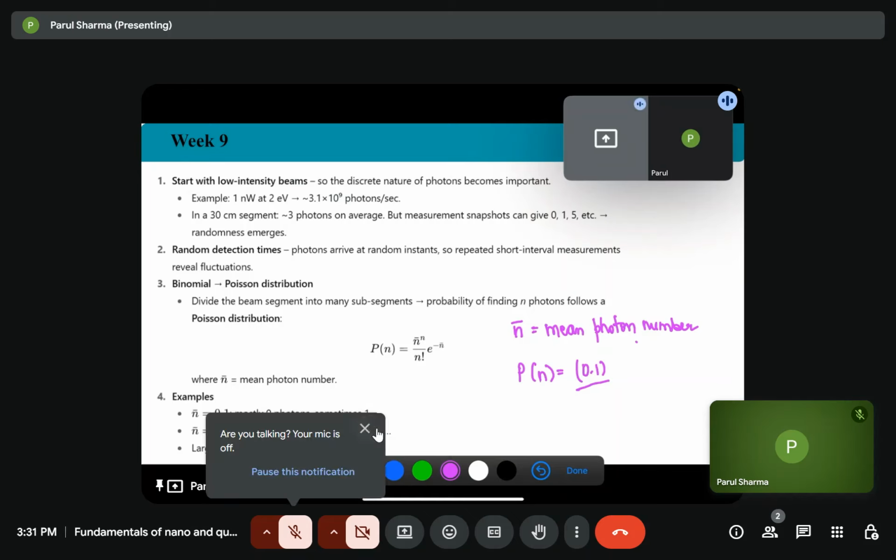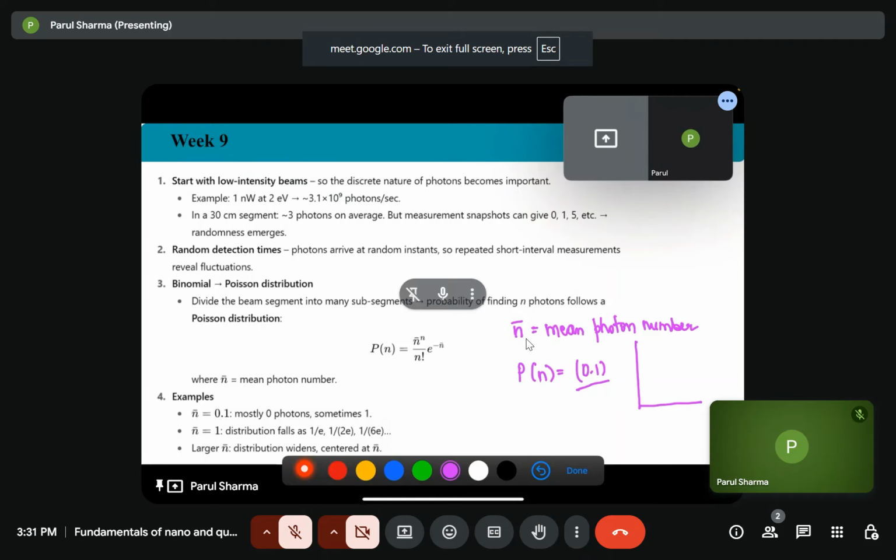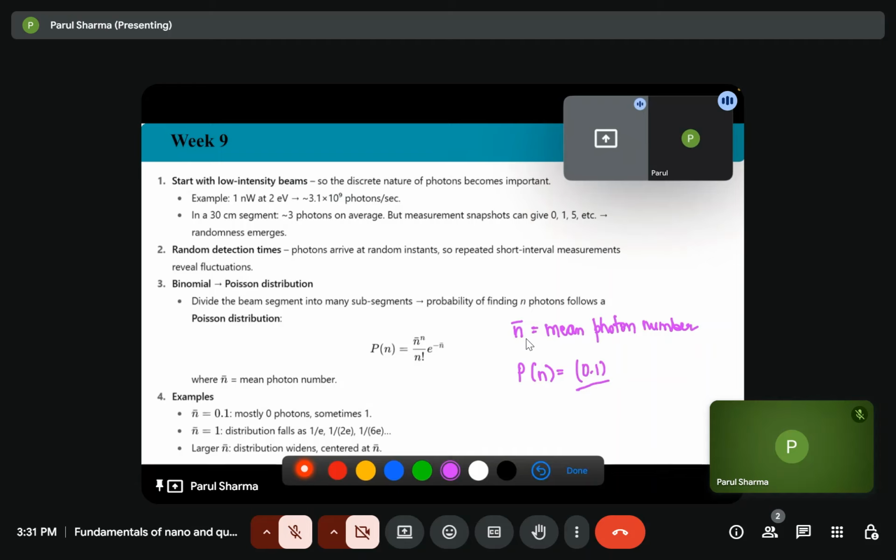So for n bar equal to 0.1, we are getting mostly zero photons, and in the rare case we were getting the number of photons as 1. For n bar equal to 1, the distribution falls as 1 by 2e, 1 by 6e like this.